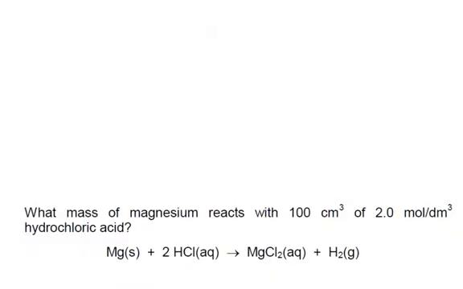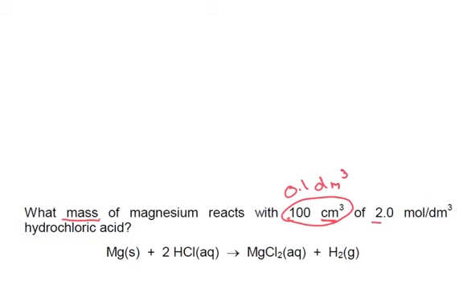Okay, let's start off. What mass of magnesium reacts with 100 centimeters cubed of 2.0 moles per decimeter cubed hydrochloric acid? Okay, so firstly we're going to be looking for mass at the very end. They've given us a volume, but of course it's in centimeters cubed. So dividing by 1,000, we've got 0.1 decimeters cubed.